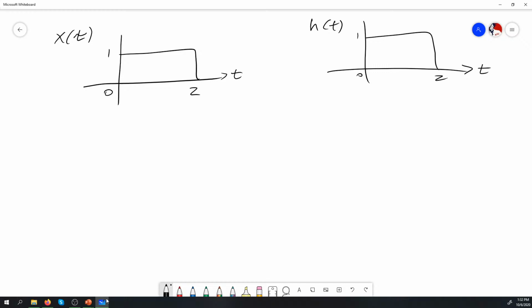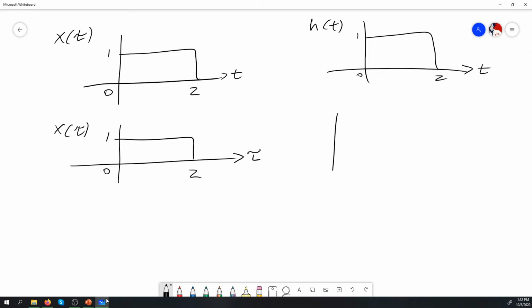We're going to have to get these in terms of x of tau and h of t minus tau. So for x of tau, it's basically going to be the same signal. Our axis here now becomes tau. Our h of tau signal is basically the same thing as well.